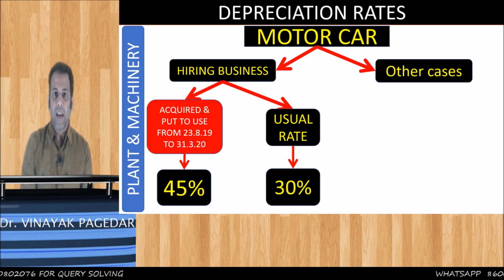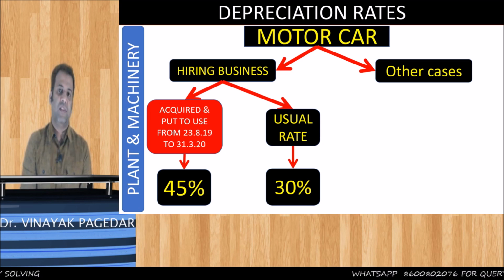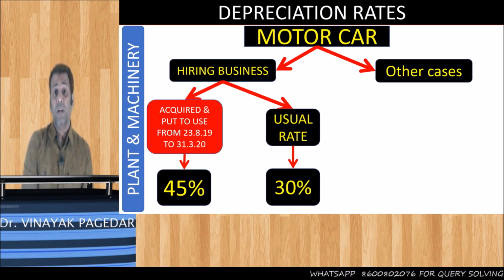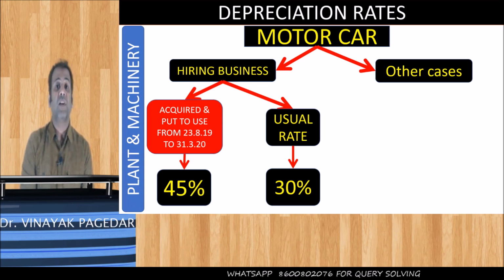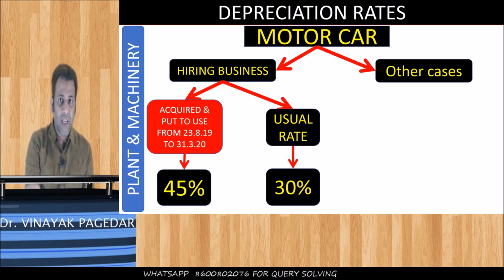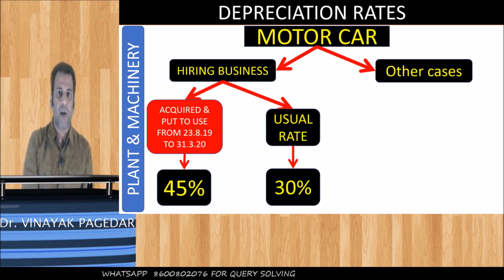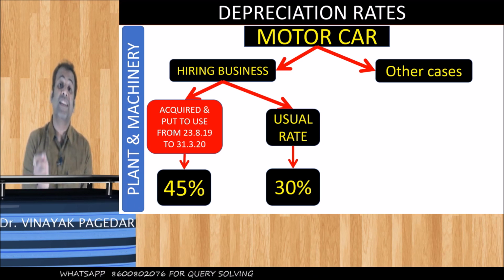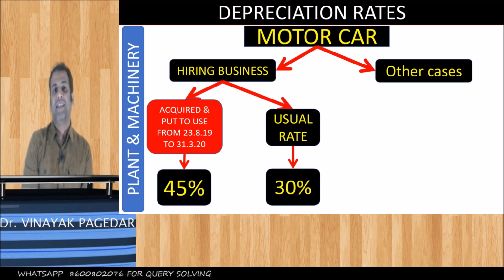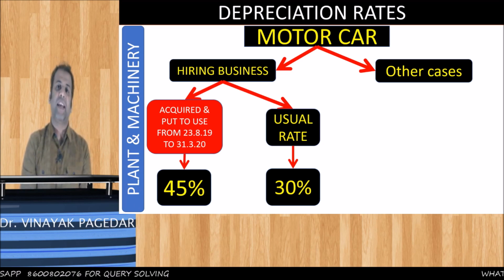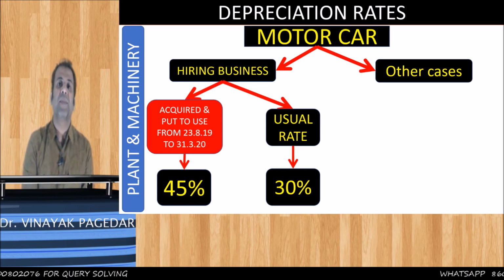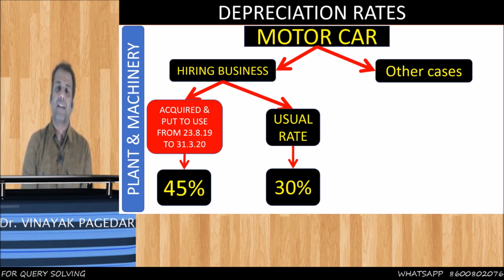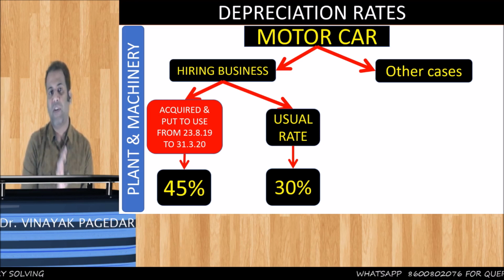That means the circular came out on 23rd of August 2019. So, if you purchased a motor car on or after 23rd of August 2019 up to the end of this year, that is 31st March 20, and you use it in hiring business, then instead of 30%, you get 15% more depreciation and the rate applicable will be 45%.